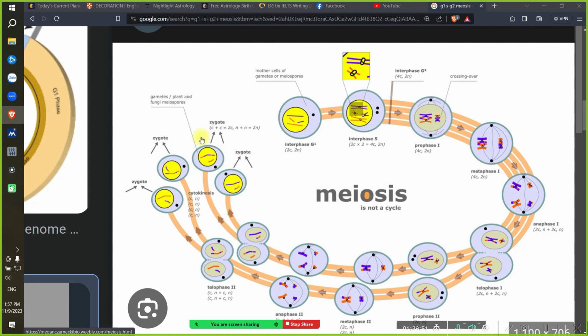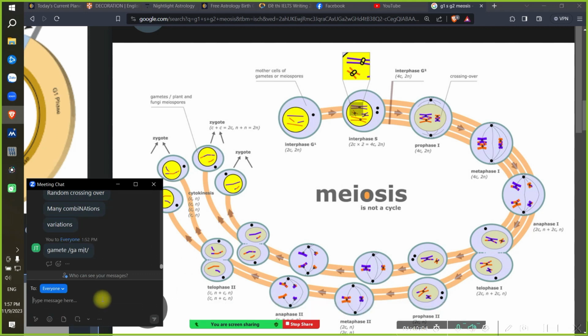Yeah. For female cells, these things develop. Only one of those things becomes an egg, okay? The other three become what? It's called polar body. Polar bodies are used to feed the egg. So for female cells, you have 4 gametes, but only one of them becomes an egg.